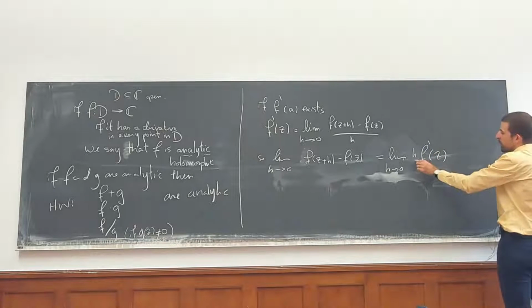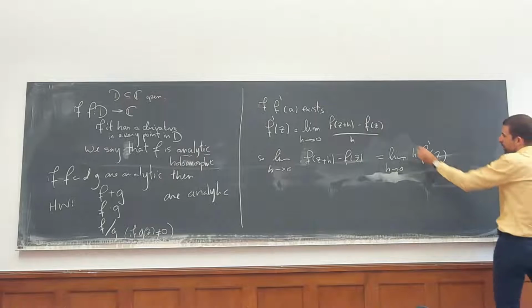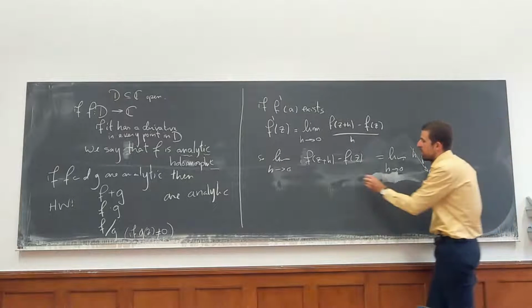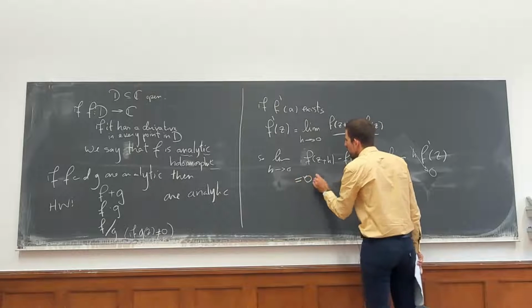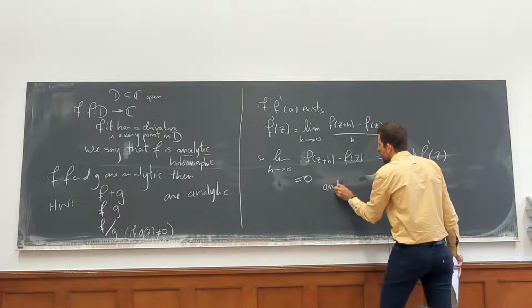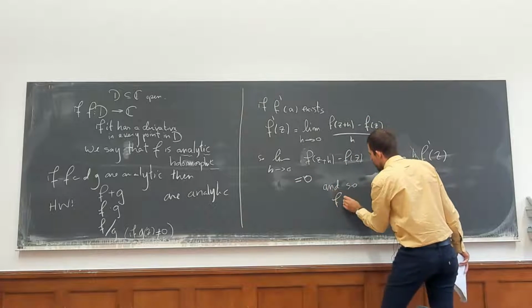But of course, this limit goes to 0 because h goes to 0 and f prime of z exists. And so therefore this limit needs to go to 0, and so f is continuous.